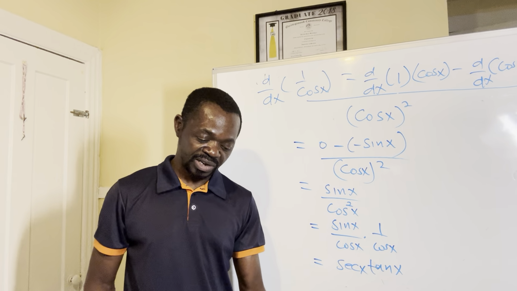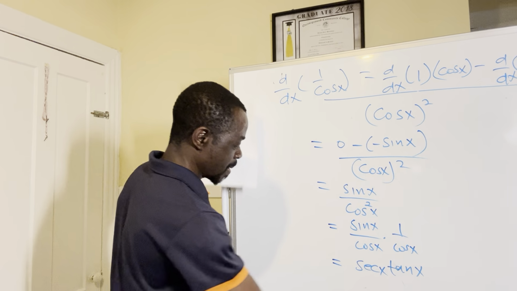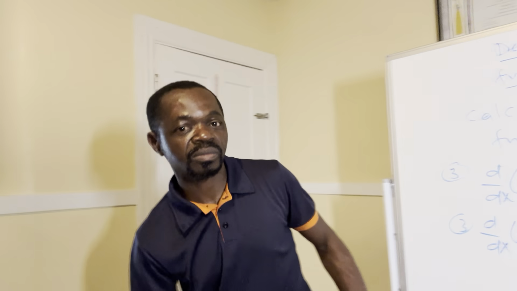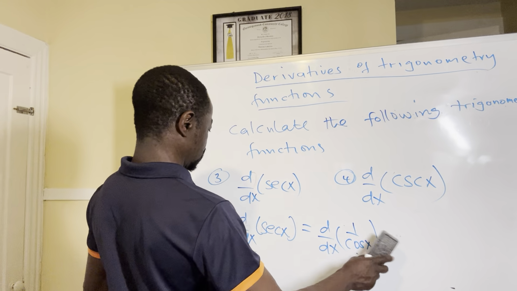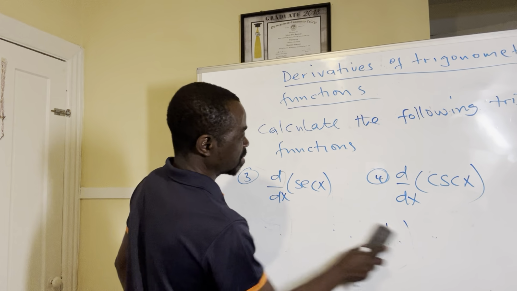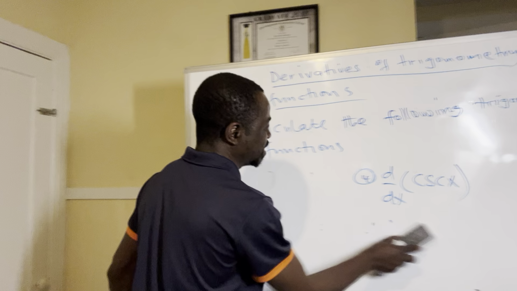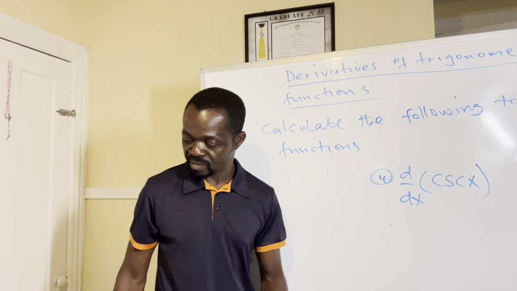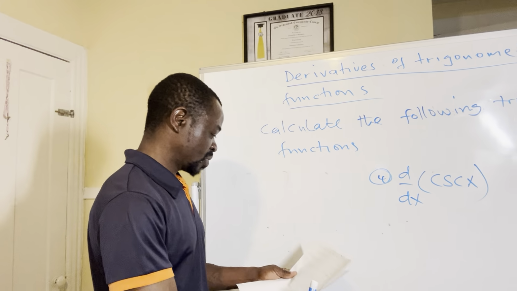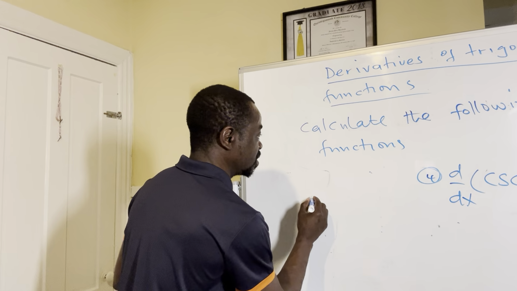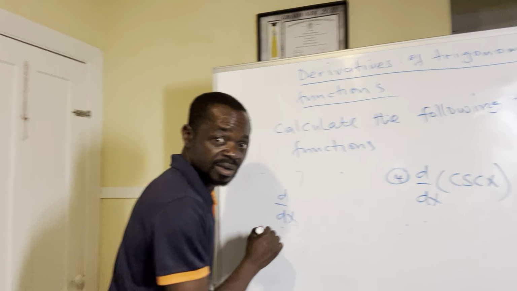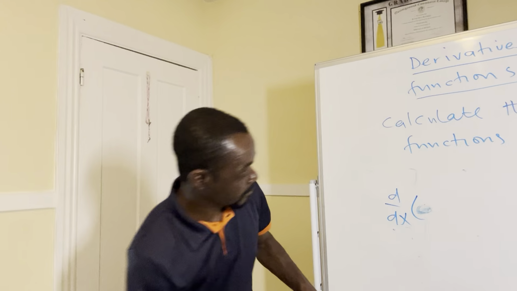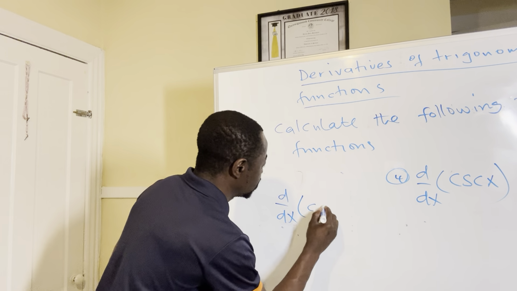All right, so now let's look at the last example, which is example 4. So example 4, we are taking the derivative of cosecant x. So d dx of cosecant x.